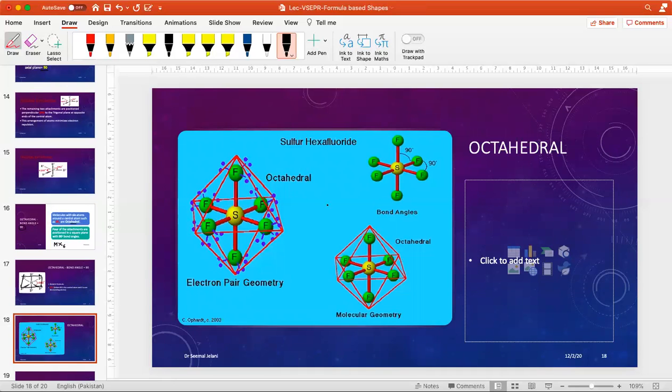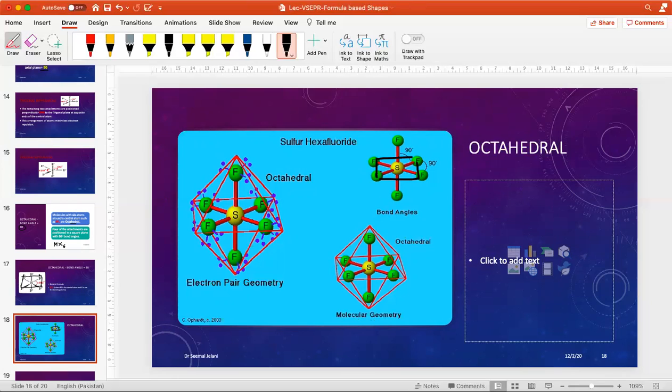You can see an example in octahedral: SF6, one sulfur with 6 fluorines. This is the electron pair geometry, and this is the molecular geometry. These are the square angles, these are the 90 bond angles. The structure is octahedral.